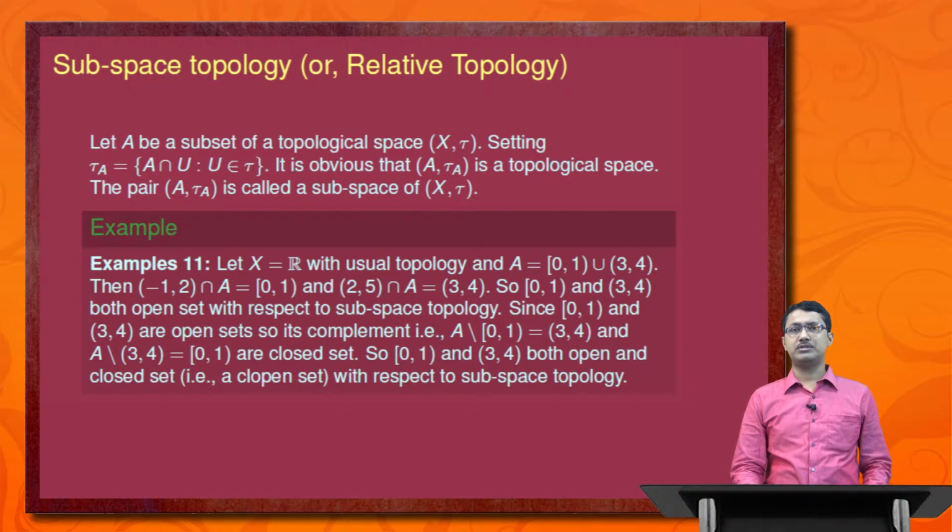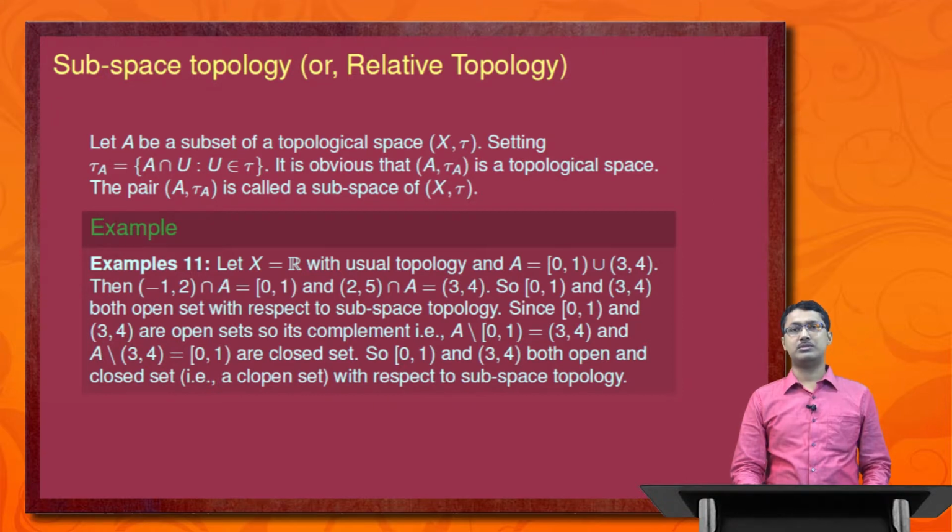Similarly, since [0, 1) and (3, 4) are both open sets, their complements are closed. A minus [0, 1) is equal to (3, 4), and A minus (3, 4) is equal to [0, 1).